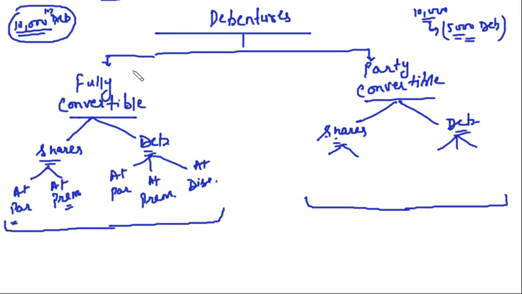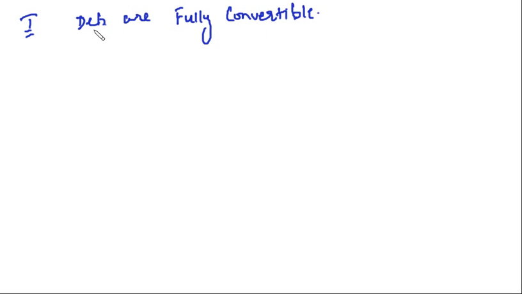Right? First we'll do fully convertible debentures being converted into shares or debentures. Let's first see the accounting treatment of first part. Debentures are fully convertible. Now your first entries will be common.